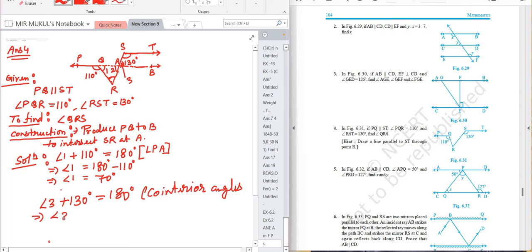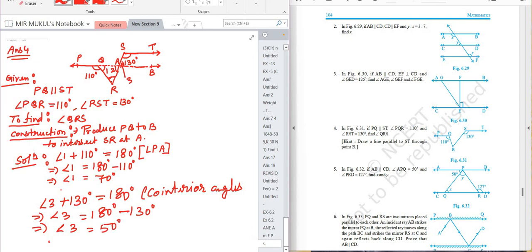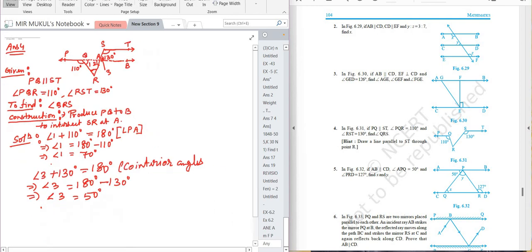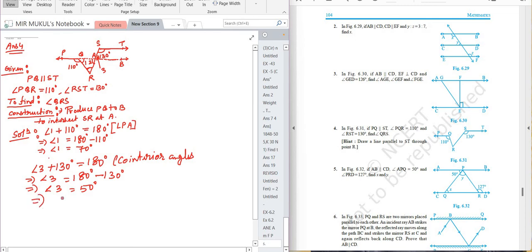So angle 3 is 180 minus 130. So angle 3 will be 50 degrees. So if angle 3 is 50 degrees, angle 2 also will be 50 degrees.